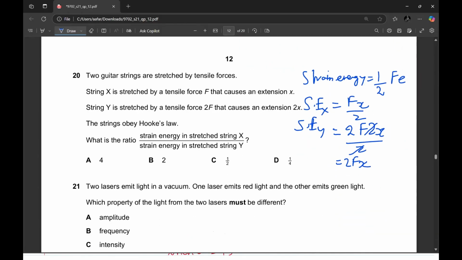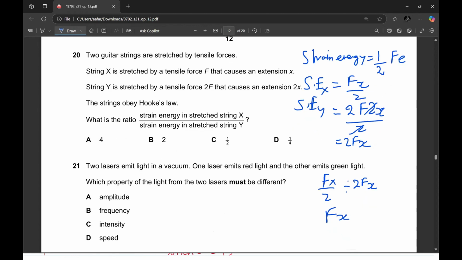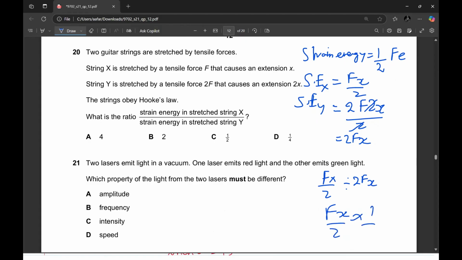So strain energy in X over strain energy in Y, we get Fx over 2 divided by 2Fx. Yeah, 1 over 4.